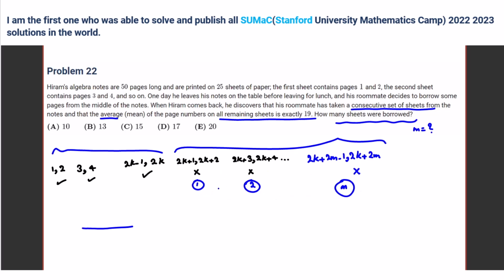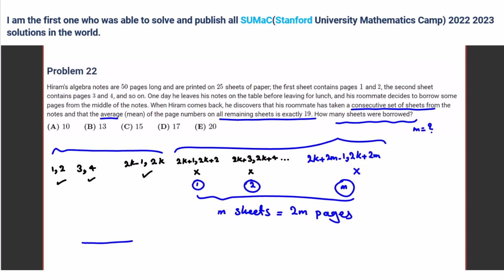So how many pages do we remove? Plus 2m plus 2. We have m. Wait, no, sheets, no, 2m. 2m, good job, 2m pages. So when we want to calculate average of other pages, so the denominator is what? How many pages are left? 50 minus 2m. Good job, 50 minus 2m.